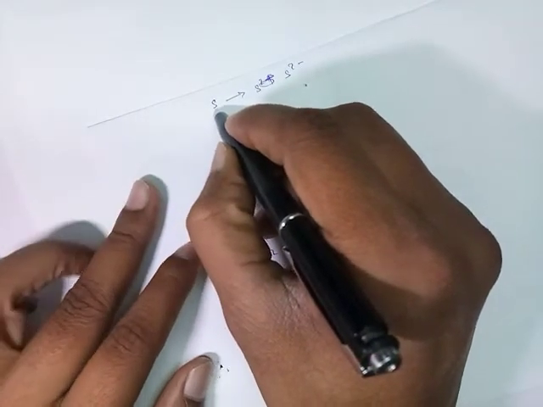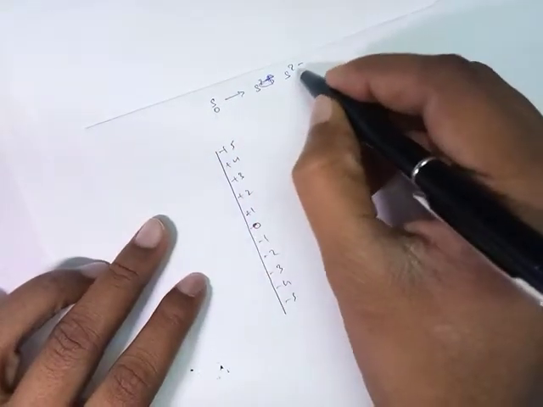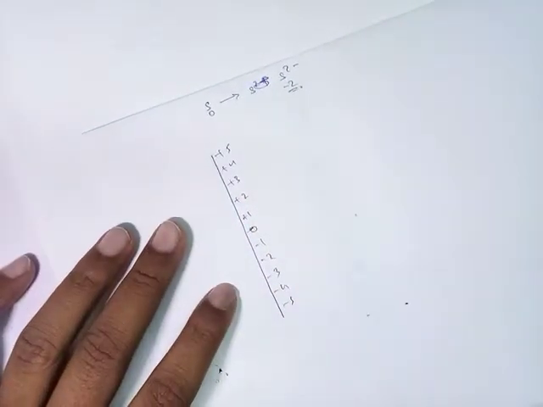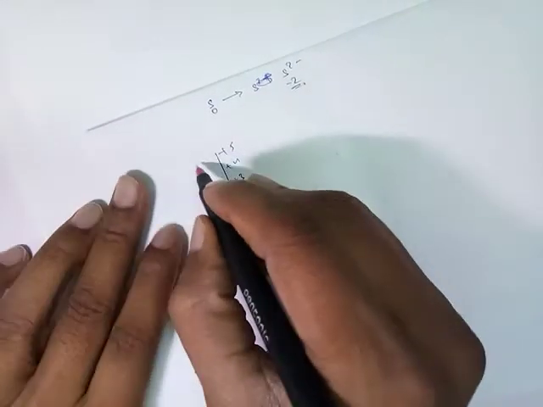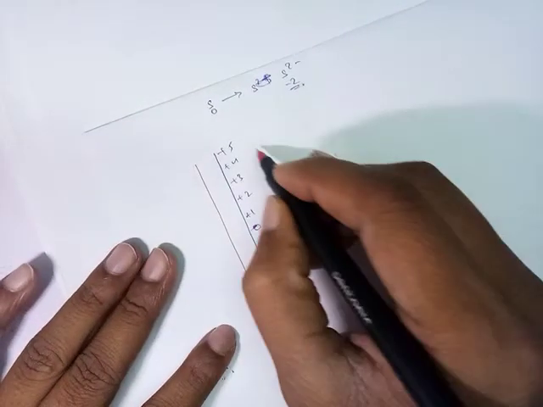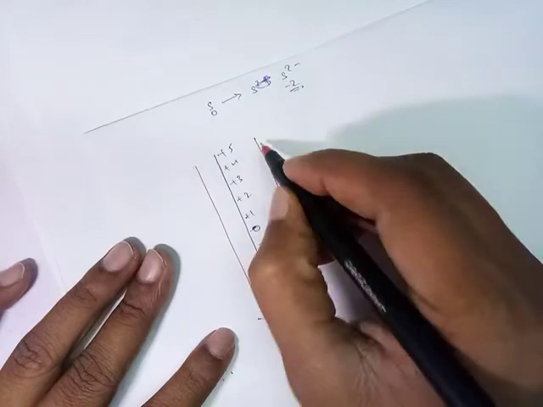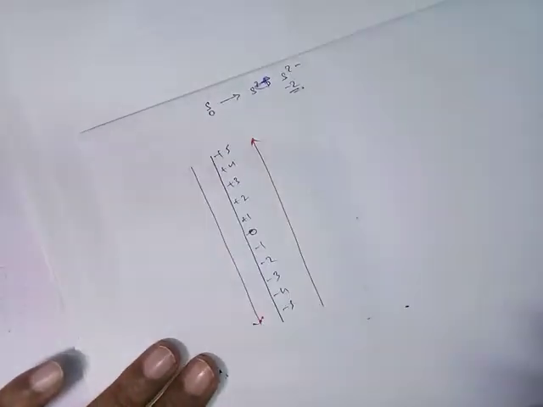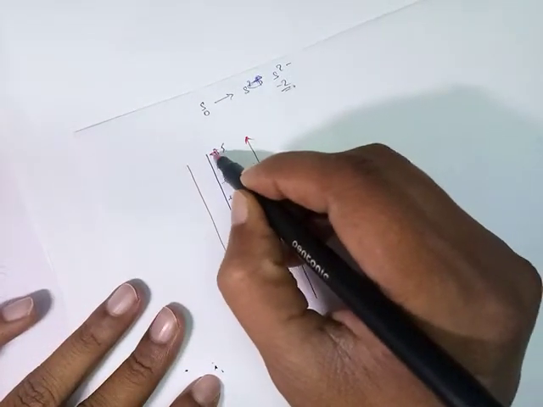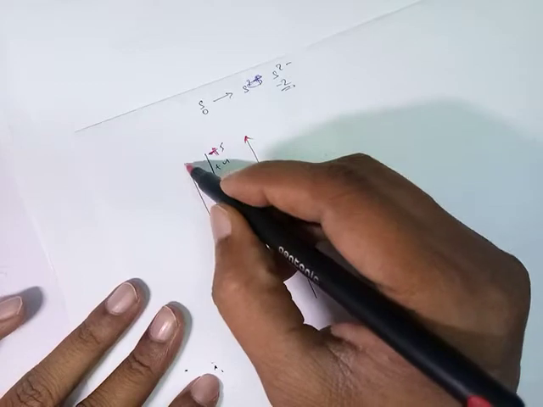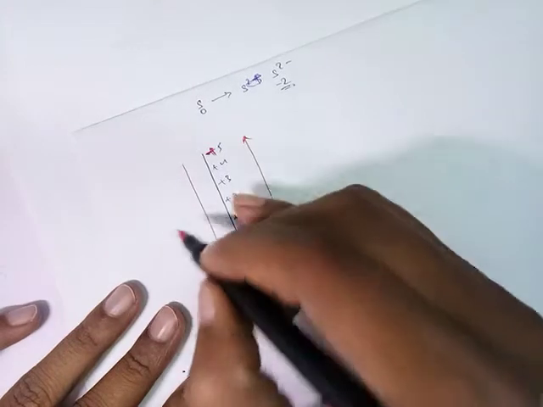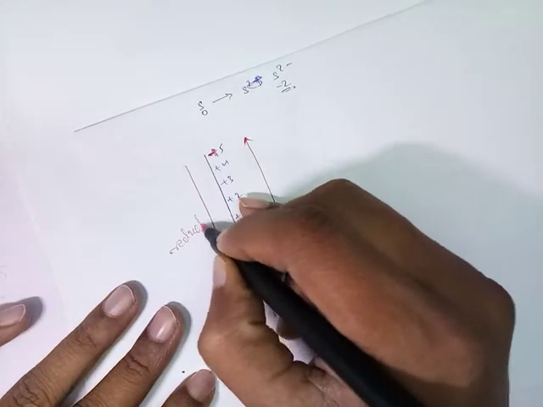The oxidation number of sulfur is 0, but in the product it is minus 2, so the oxidation number decreases. We draw two arrows, one from top to bottom and another from bottom to top. In the top to bottom direction the oxidation number decreases, and decreasing oxidation number means a reduction reaction.